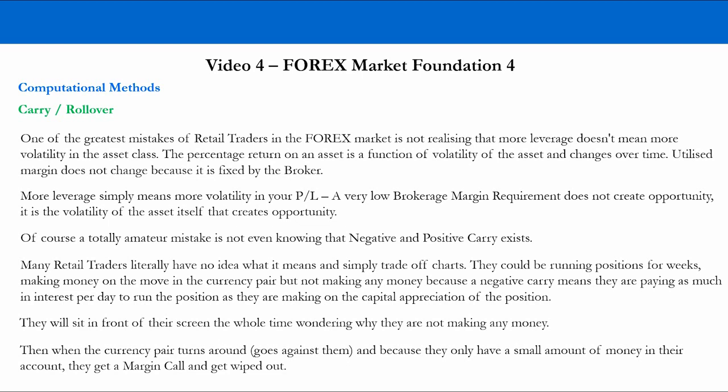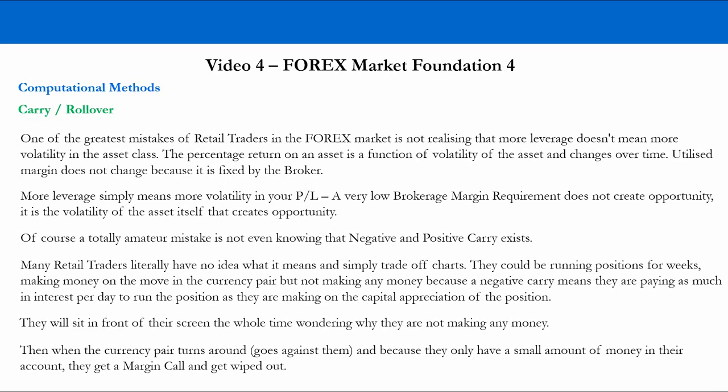They could literally be running positions for weeks and even calling the direction of the currency pair correctly, but not making any money, because the negative carry and the leverage they're using means they're paying as much in interest or more per day to run the position as they're making on the capital appreciation on the direction of the move of the currency pair.